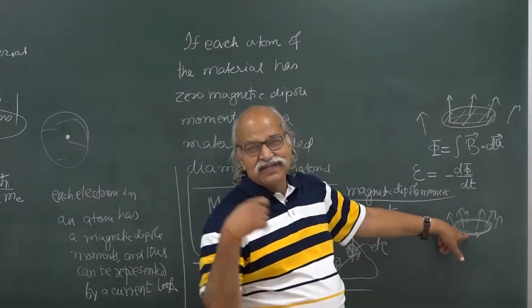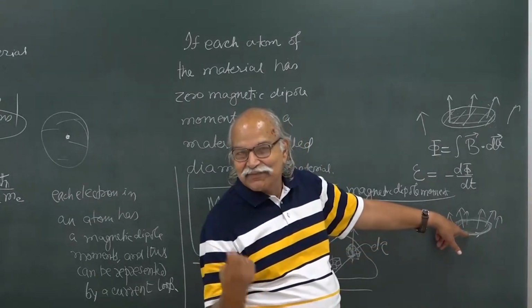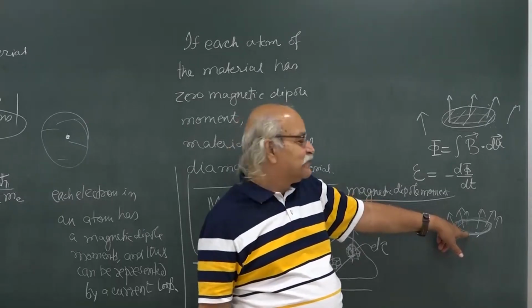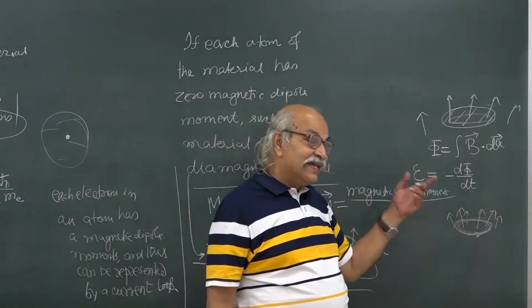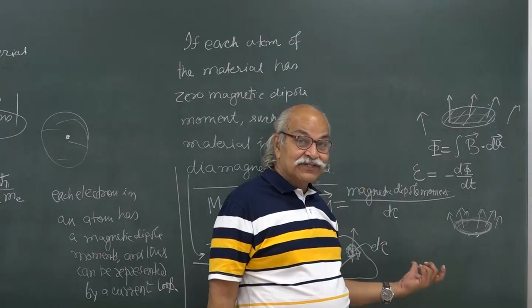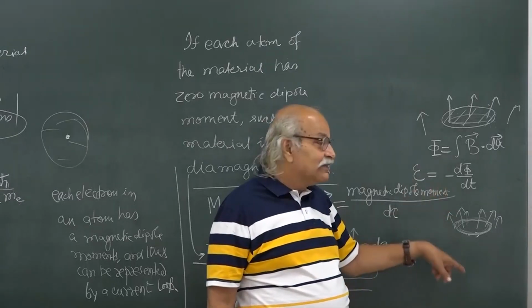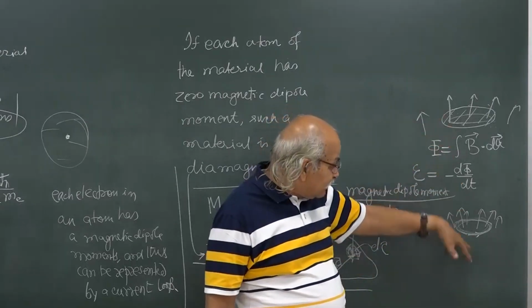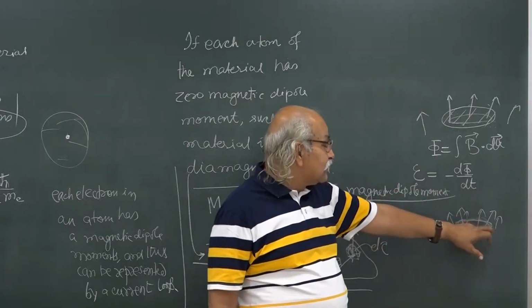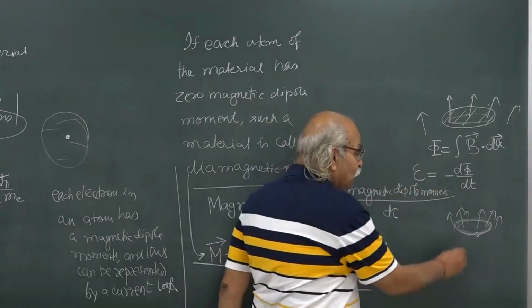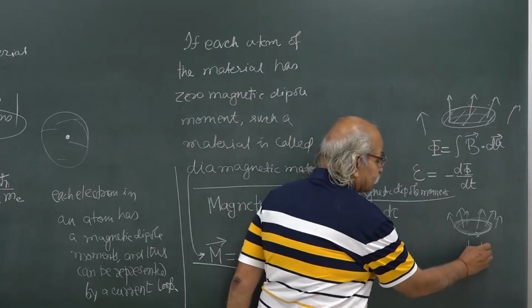Whatever its motion was, and the current and magnetic dipole moment that were there, because of this EMF an extra current will be induced, and this extra current should produce its own magnetic field in the opposite direction.